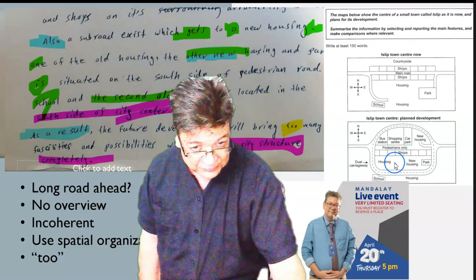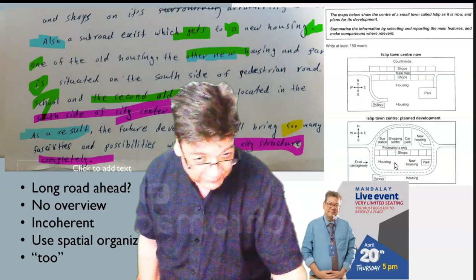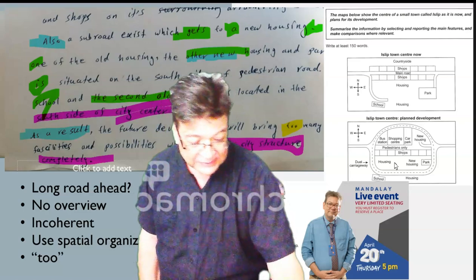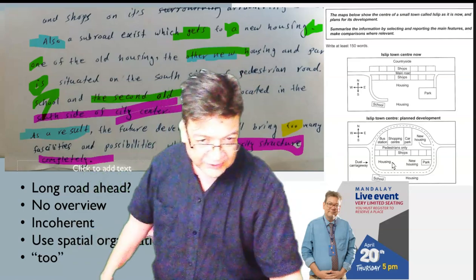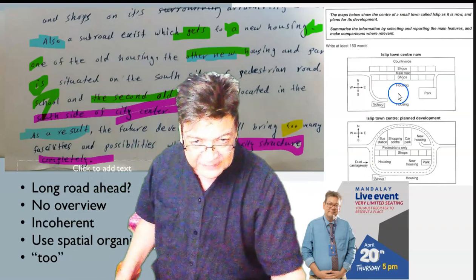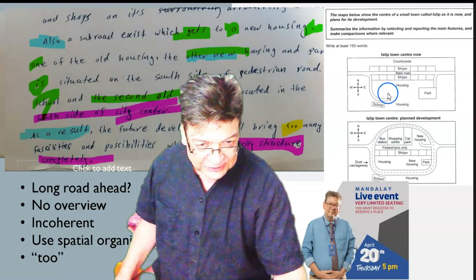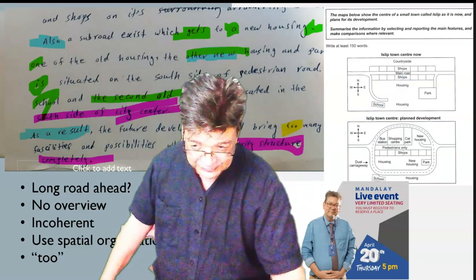Surrounding this central district will be a ring road, a dual carriageway ring road, bypassing the city center and connecting the east and west sides of town. Ta-da. Things like the school don't have to be mentioned at all, because nothing changes. Old housing, new housing, too confusing.